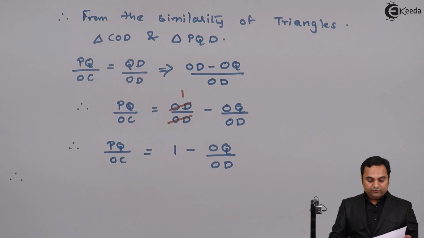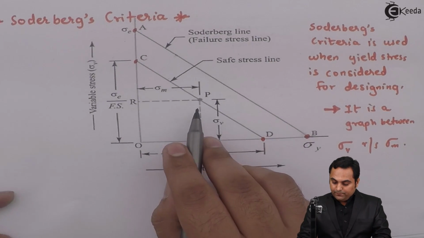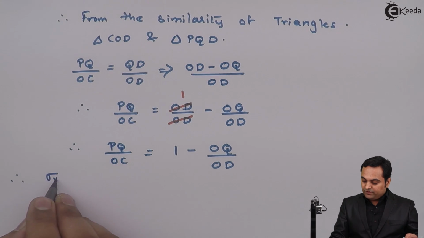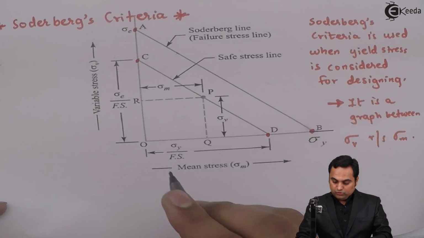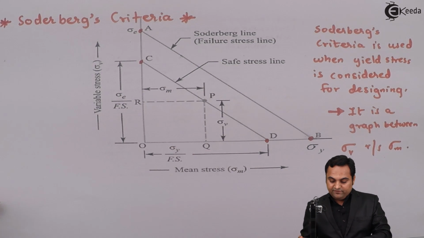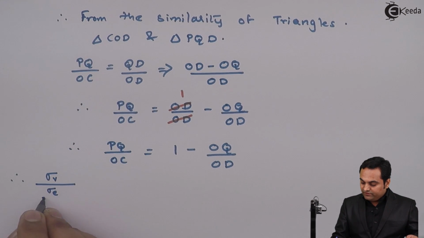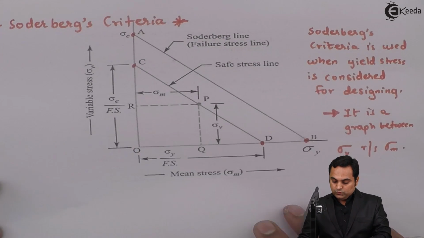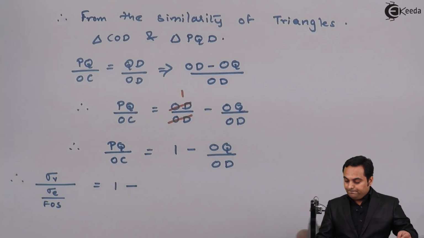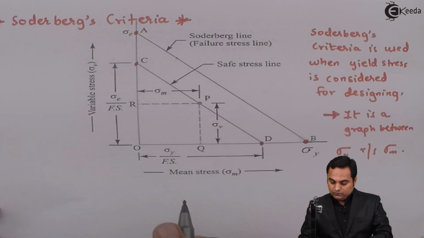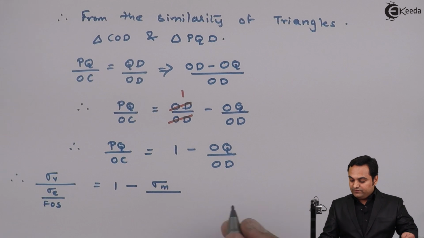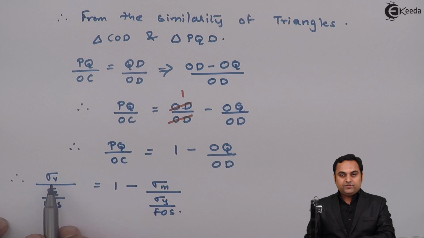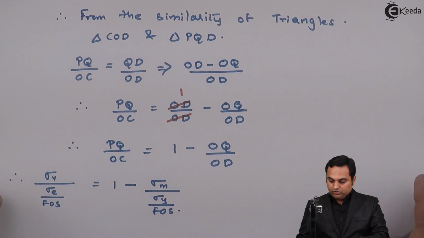Now if we look into the diagram, PQ is equal to sigma V, variable stress. So instead of PQ we have sigma V. OC is sigma E upon factor of safety, equal to 1 minus OQ. OQ is nothing but sigma m, and OD is sigma y upon factor of safety. Next I will keep sigma V on one side, multiply this term onto the other side.